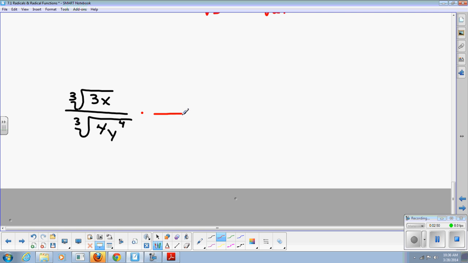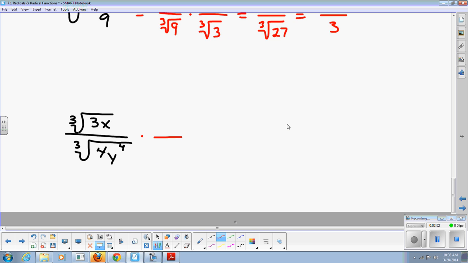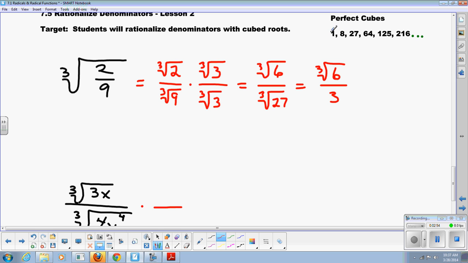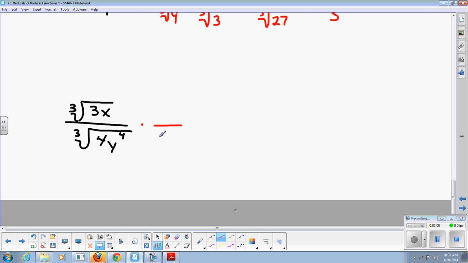So let's take a look. What can I multiply 4 by to get one of these perfect cubes up here? The perfect cube I'm after is going to be 8. So I will take 4 times 2. So I'm going to have to multiply by the cube root of 2 to start with, but I'm not done because I have to figure out what to do with my variable. That's the number part. Now how can I deal with y to the 4th power?